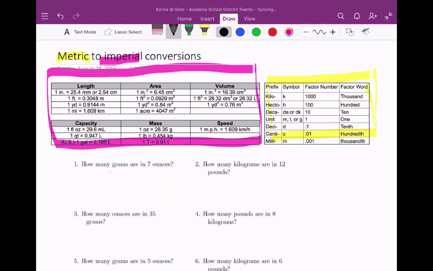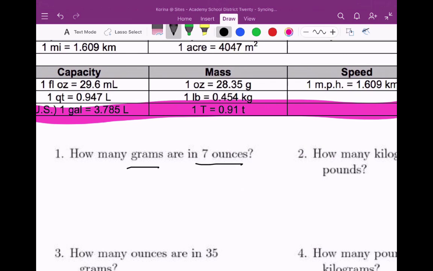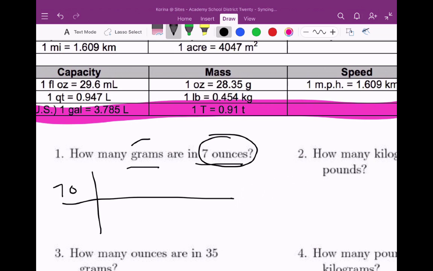So the first one says, how many grams are in 7 ounces? We're going to do these the same way by setting up a T-chart. So I'm going to draw in a T-chart here. And then in the top left of our T-chart, we are still going to put our known. So our known here is 7 ounces.